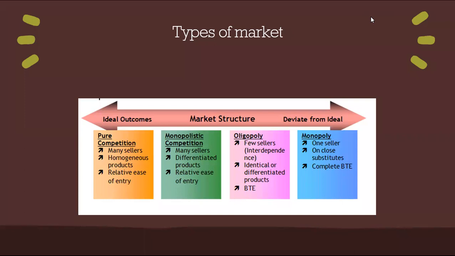The purpose here is very simple. The government wants to limit the power of the oligopoly and monopoly to prevent them from distorting the market. Okay, that's all about the types of market because it's not very long and there are not many questions on this topic.